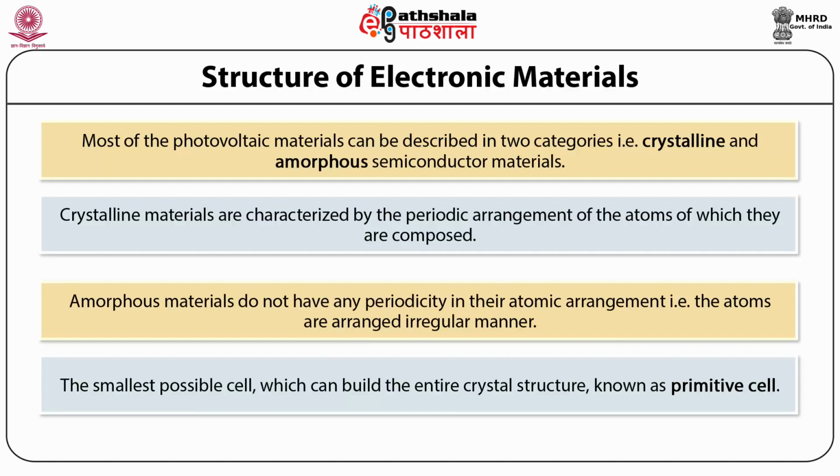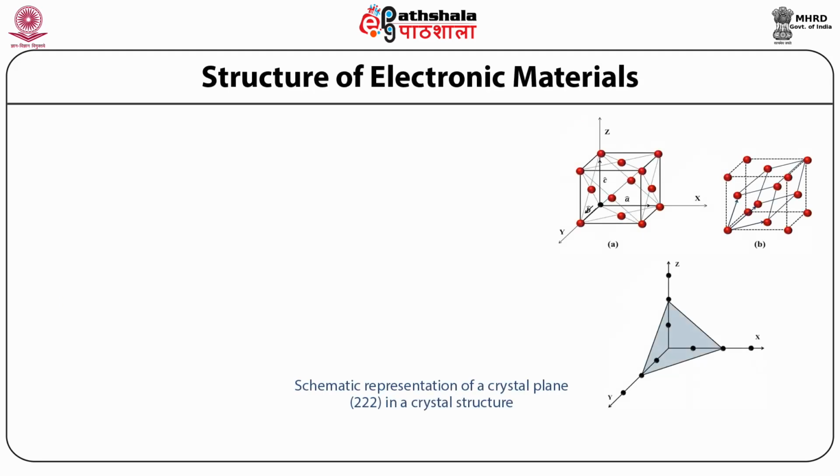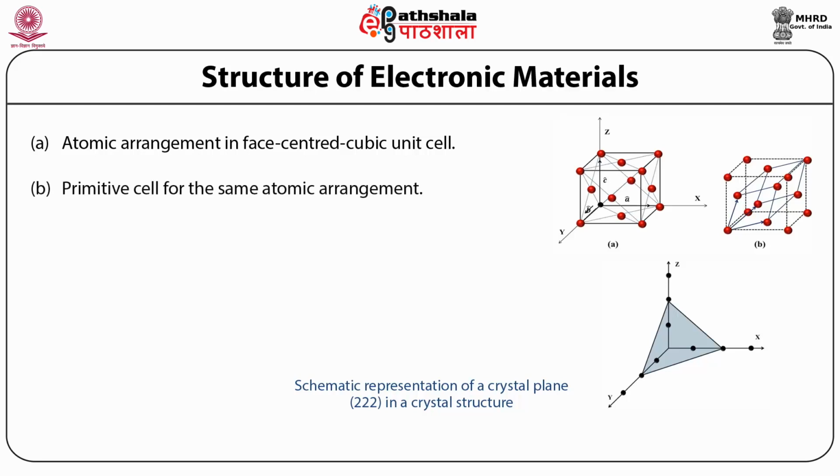Such primitive cells contain all the information about the crystal structure such as atomic positions, lattice constant, number of atoms in the unit cell, etc. Now the figure below, part A, shows the atomic arrangement in the face-centered cubic unit cell, and part B represents the schematic of the primitive cell for the same atomic arrangement.